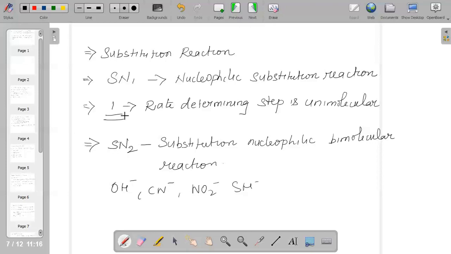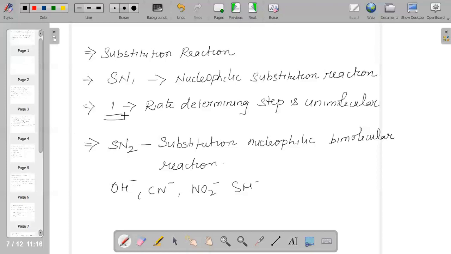Of course, we can consider the effect of solvent. You can consider the structure of the substrate. You can consider the effect of the nucleophile as well as the leaving group. So all these four criteria, that is the effect of solvent, structure of the substrate, nucleophile, and the leaving group, will play a major role in determining the SN1 and SN2 reaction.